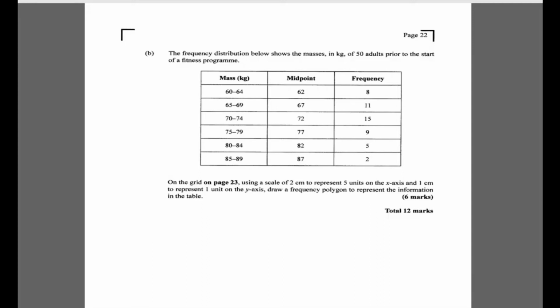On the grid on page 23, using a scale of 2 centimeters to represent 5 units on the x-axis and 1 centimeter to represent 1 unit on the y-axis, draw a frequency polygon. So a frequency polygon really means plotting the midpoint on the x-axis and the frequency on the y. That's all they want, a frequency polygon.